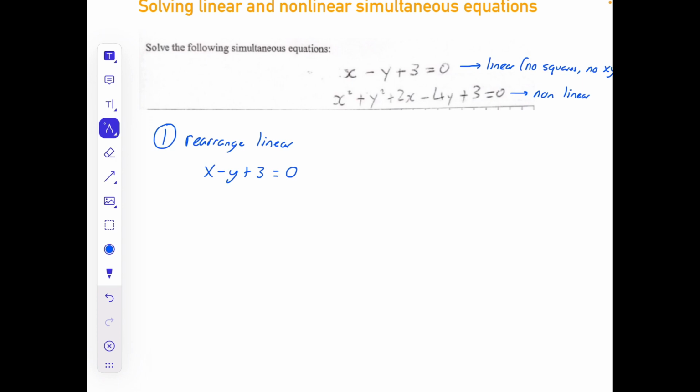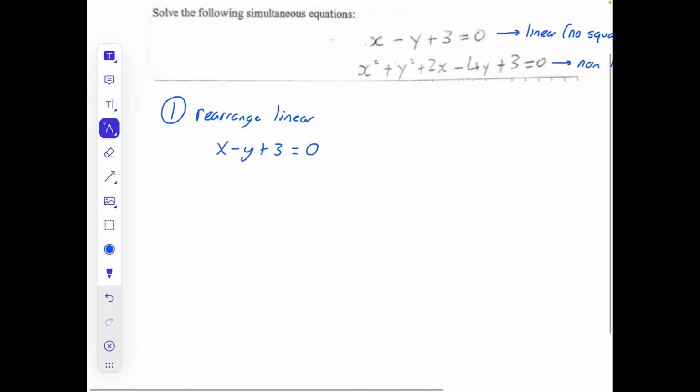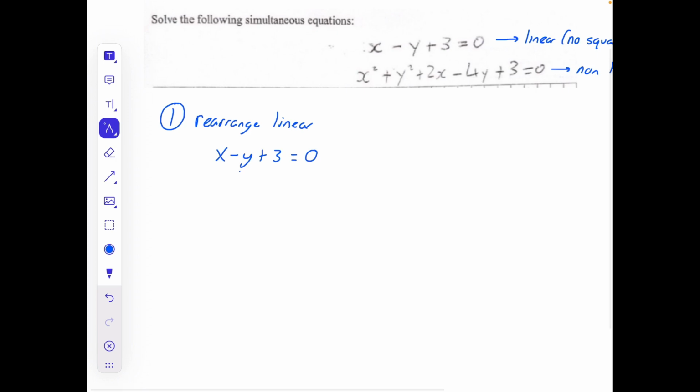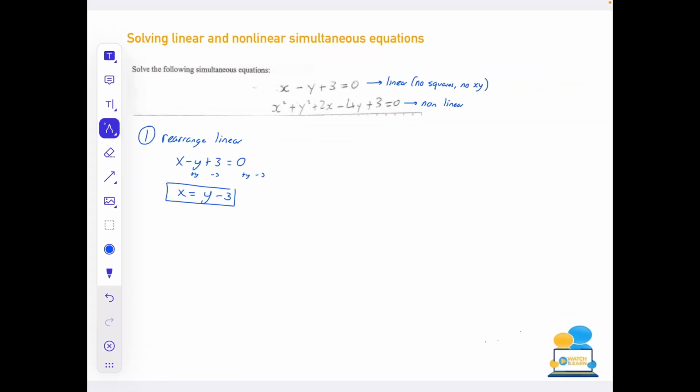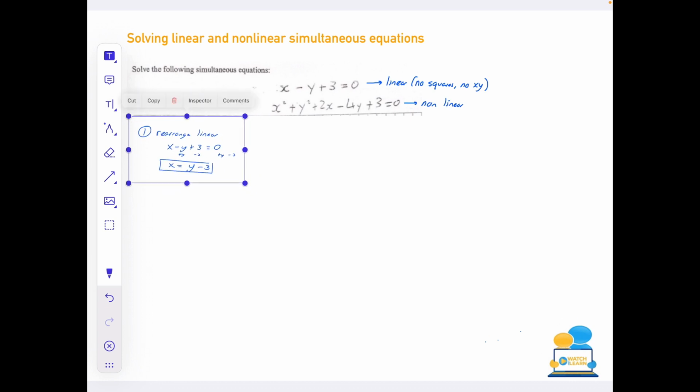You would have probably done this when looking at manipulation of formula for Junior Cert, or you would also be doing that in algebra for Leaving Cert. So I want x on its own. What I'm going to do is plus y and minus 3 to both sides. So that is rearranged to be x is equal to y minus 3. Rearranged it to get either x or y on its own. There, I just went for x. That is your step 1.